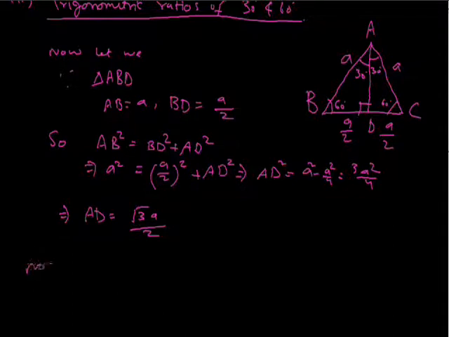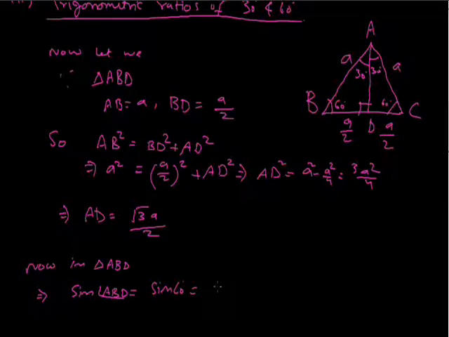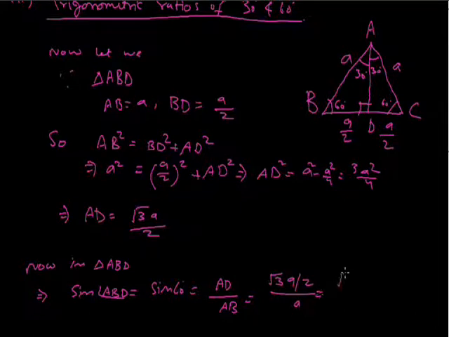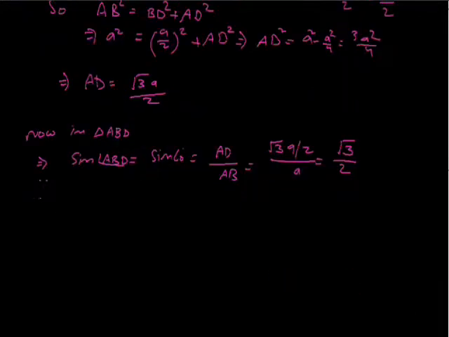Now in triangle ABD, sin ABD equals sin 60 degree, and sin 60 equals AD upon AB. AD equals root 3 a upon 2 and AB equals a, so sin 60 equals root 3 upon 2.